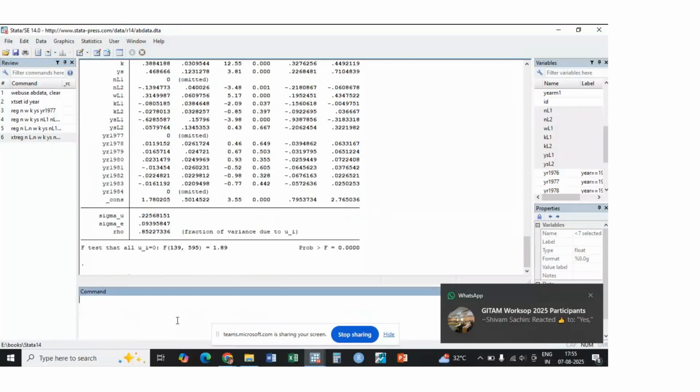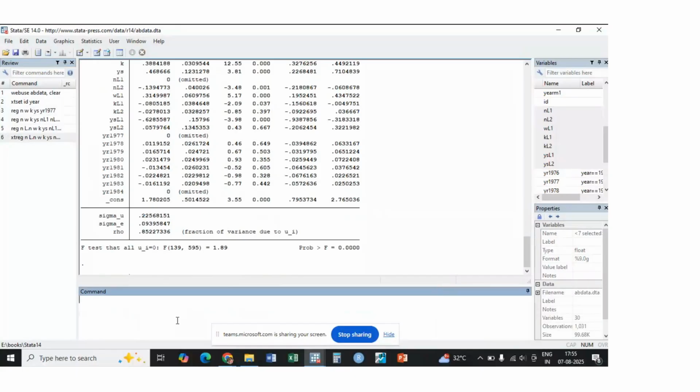That next thing that we are going to do is the Anderson-Hsiao estimator. What exactly do we do there? Second lag. Second lag of what? Instrument variable. We have to create the instrument variables.